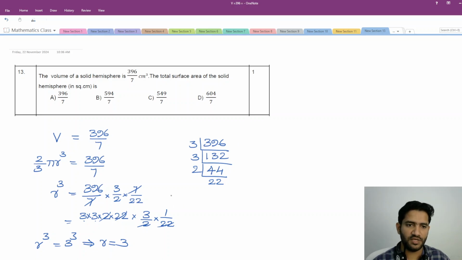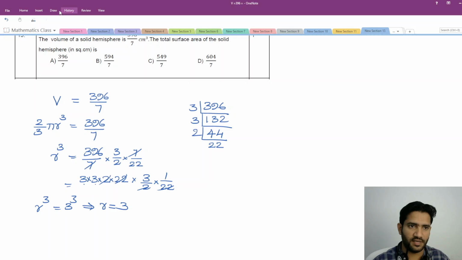Now the question is that we need to find the total surface area. So how can we find the total surface area? Again, the equation of total surface area is 3 pi r square.